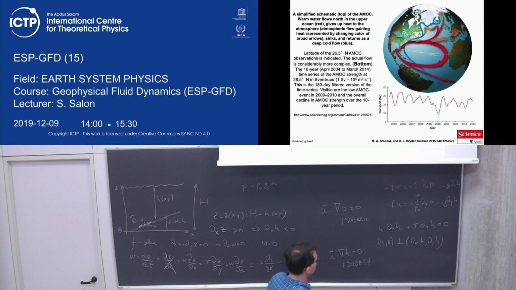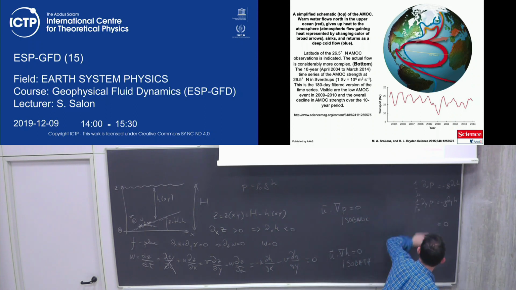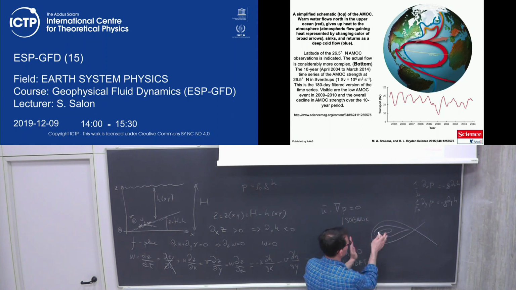Another interesting thing is that since the geostrophic flow must follow the isobath, they occur only on closed isobaths. So if we have something like this, and this is like a topography, okay?